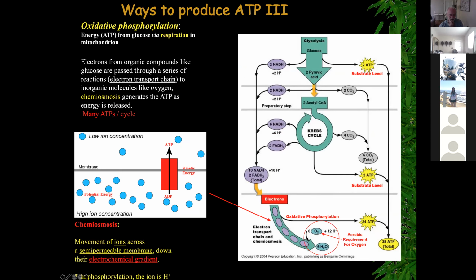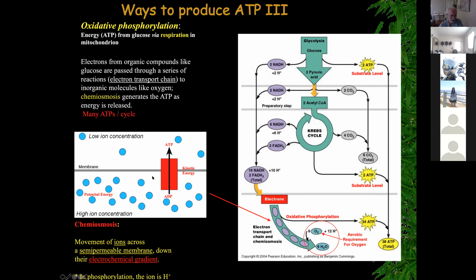This oxygen is very important because without it, everything changes. Chemiosmosis generates the ATP as energy is released, and we get many ATPs from one molecule of glucose.